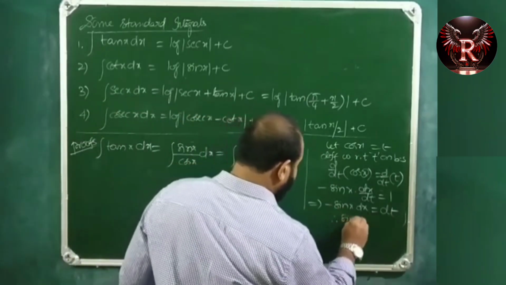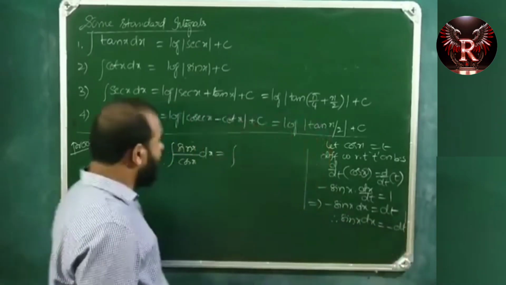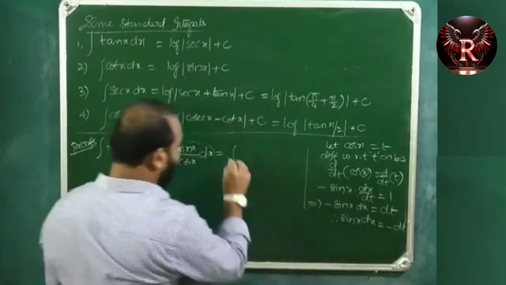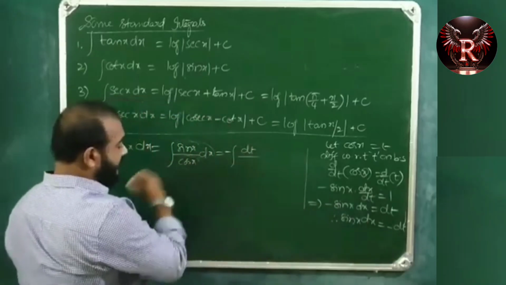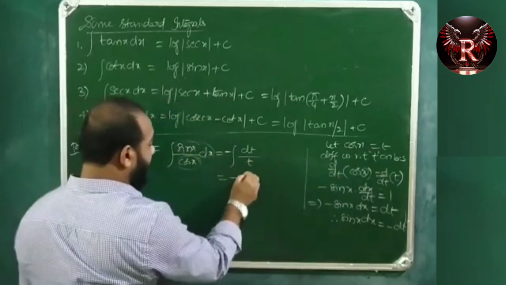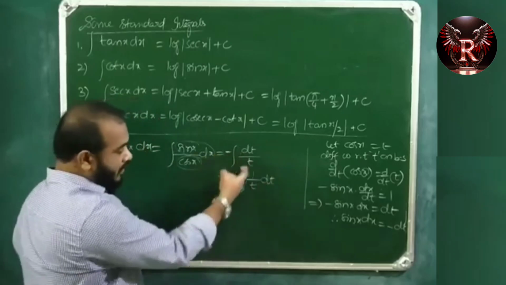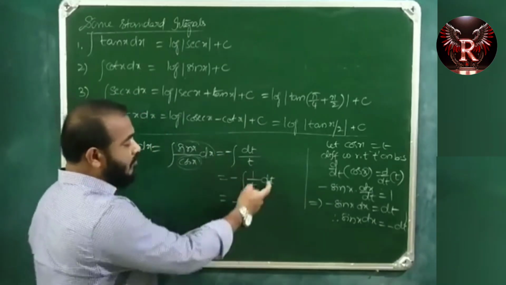Therefore sin x dx is equals to minus dt. So in the place of sin x dx we will write minus dt by, what is cos x? Cos x is t. So this is of the form minus integral 1 by t dt.